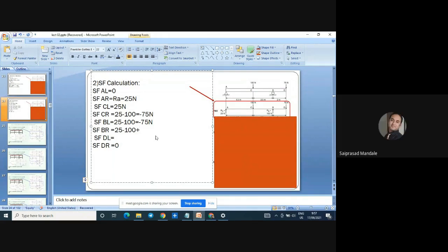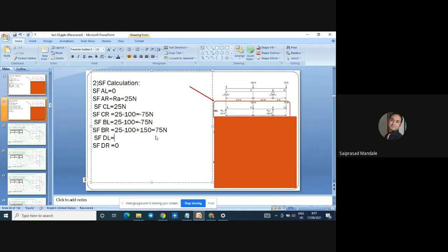RB is 150. Very good. So 150 minus 75, the answer is 75. Correct? Yes, sir.